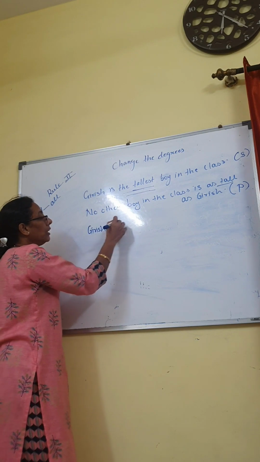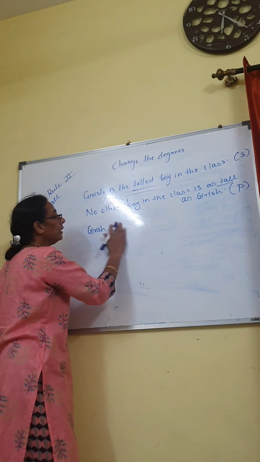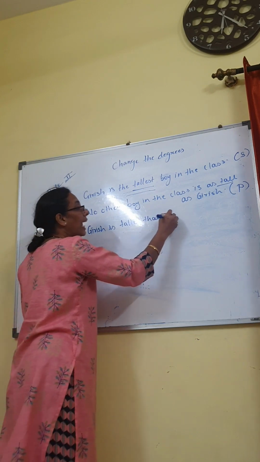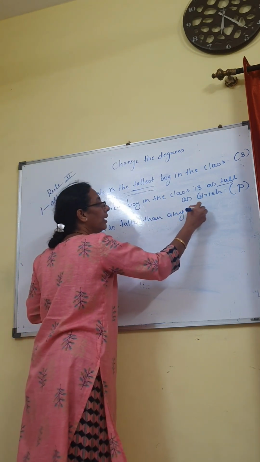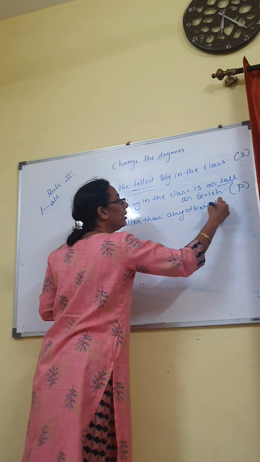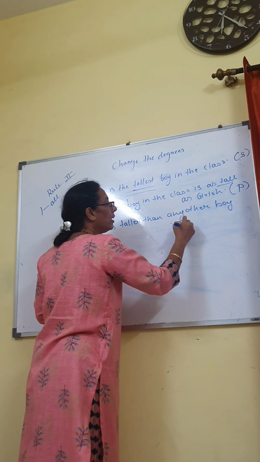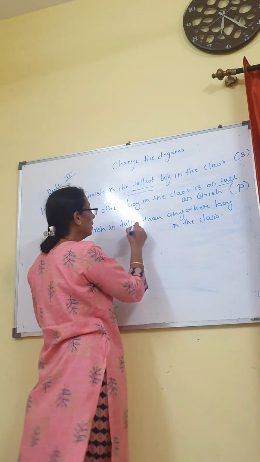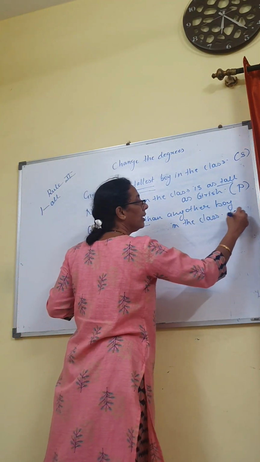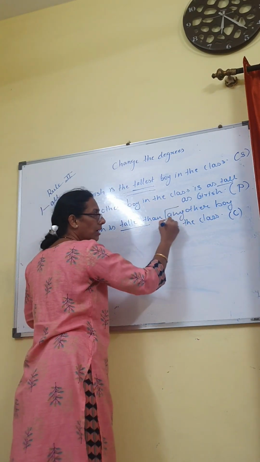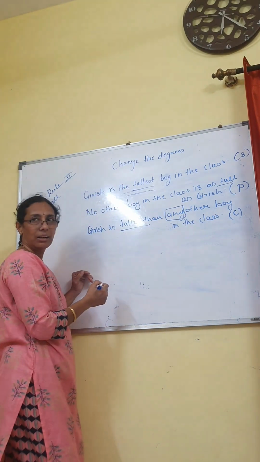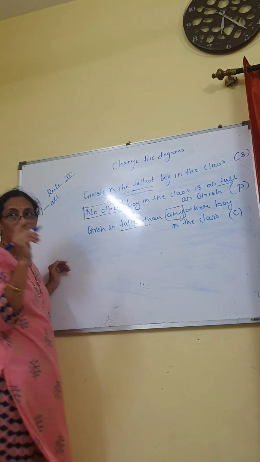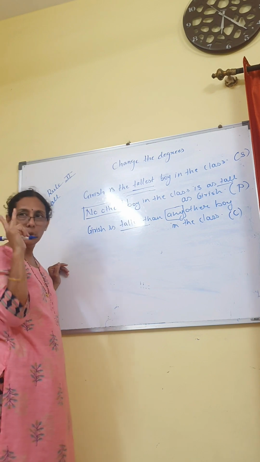Girish is taller than any other boy in the class. Got it? So this is comparative degree. What did we use here? Any. And here what have we used? No other. This is for rule number 2.